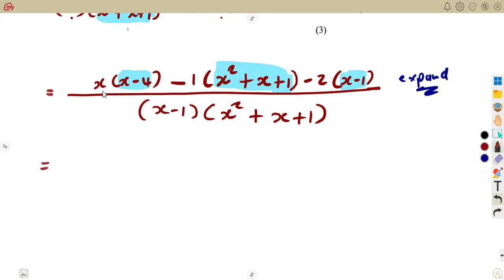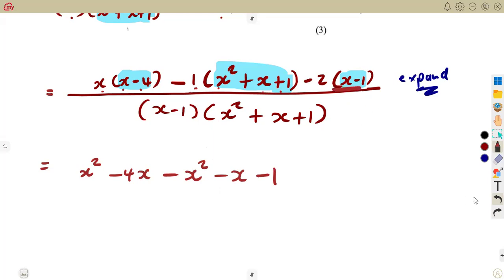So it's x times x squared, x times minus 4, minus 4x. You distribute that. Minus 1 multiplies everything. That's why you have to open the bracket, guys. Never take that negative 1 for granted. Once you see a negative, open the bracket. It means everything will be affected. Negative times x squared is negative x squared, negative times x, negative times 1, which is negative 1.